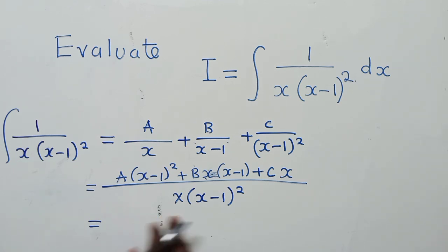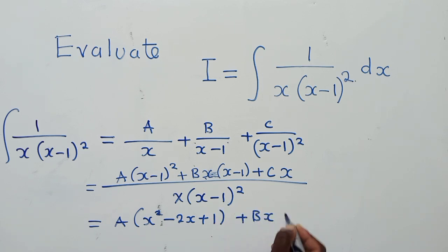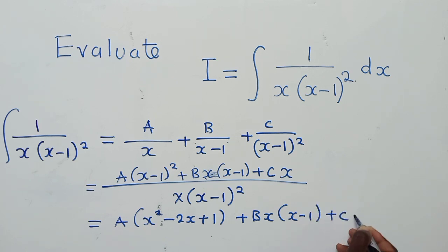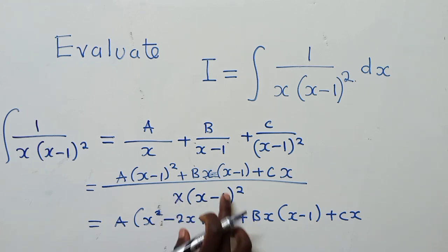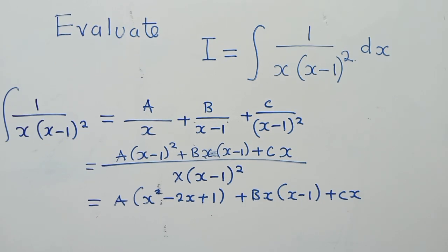After that, we now simplify on top. So we shall have A(x squared minus 2x plus 1), plus Bx(x minus 1), plus Cx. Once you reach this point, forget about the denominator and just work out what is on top.